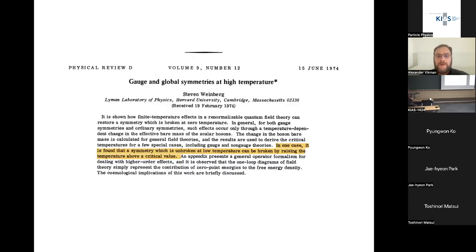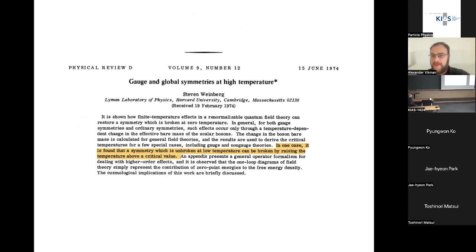Okay, now let me first start from inverse phase transitions. As is well known from an old, classic paper, I would say, by Steven Weinberg, what he writes is that in one case, it is found that a symmetry which is unbroken at low temperature can be broken by raising the temperature above a critical value.